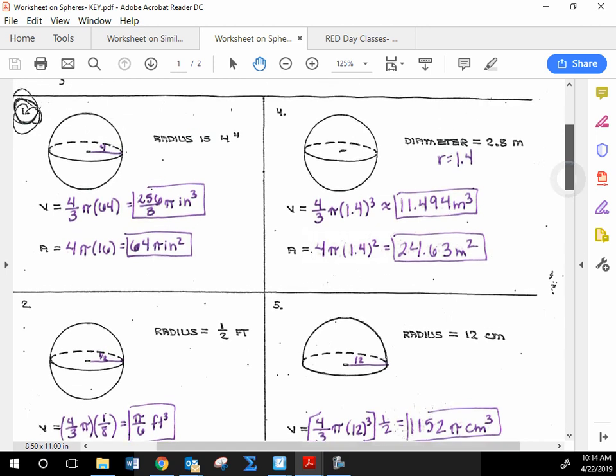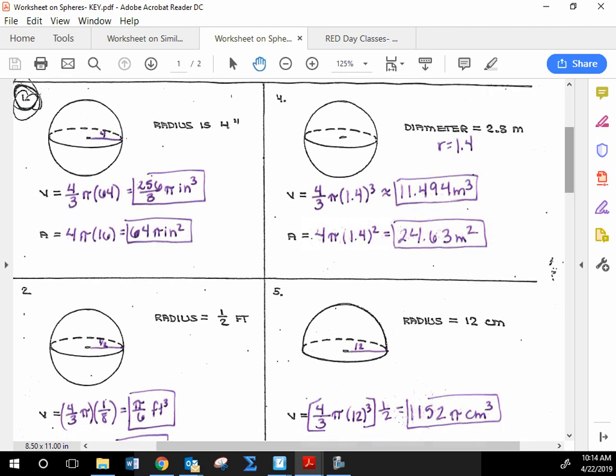So number 4, oftentimes guys, you'll be asked to leave it in terms of pi. So our volume, if I'm thinking correctly, would have been 3.659 pi, or if you left it in fraction form, 1372 over 375 pi.